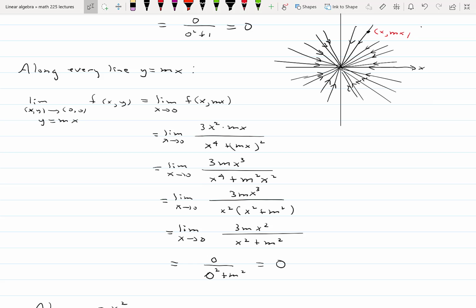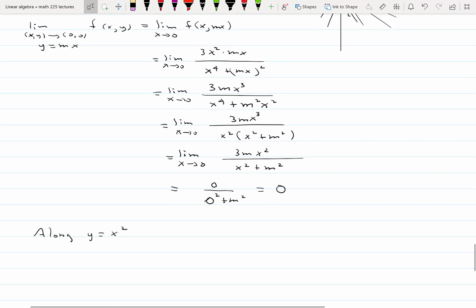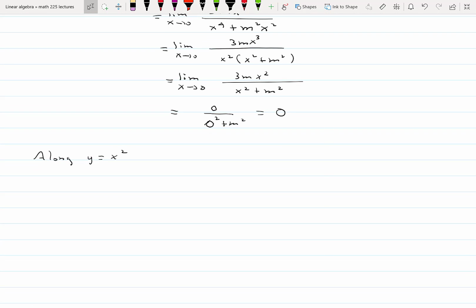And y equals x squared just fits into those lines, is squeezed into those lines, and so it seems like the z values should approach 0. Well, let's see. Let's take the limit as x and y approach the origin along the parabola y equals x squared, and see what happens.